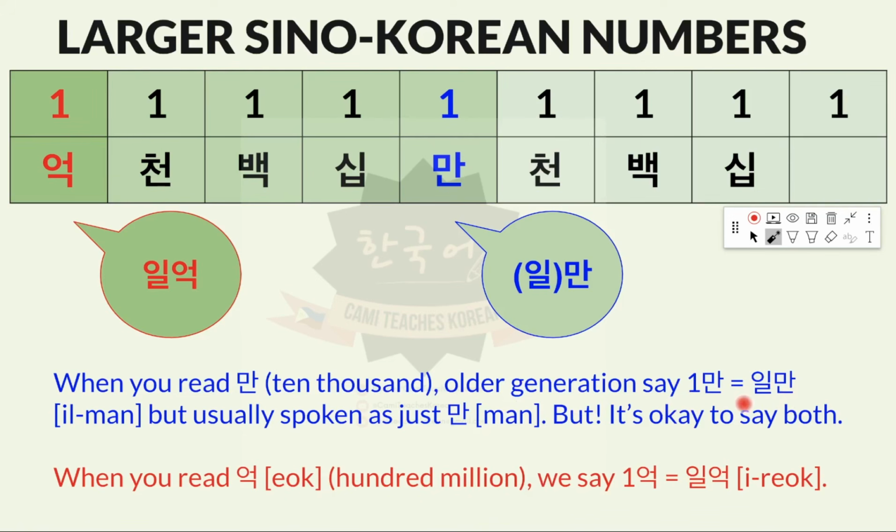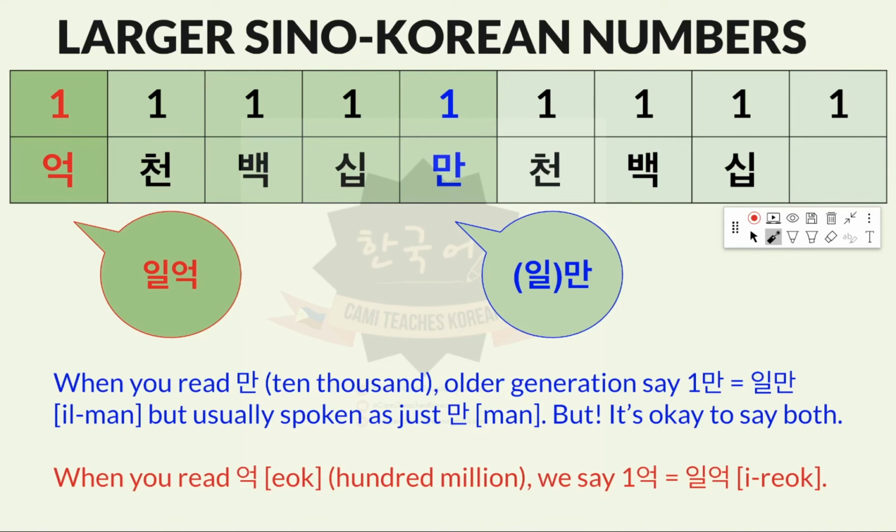Ayan, madalas, ang older generation po, they will read this as ilman. So, usually, ang older generation nga ilman, but in everyday Korean, yung mga younger generation na po, kasi already known na ang man already means 10,000. Pag sinabi nyo na po yung 10,000 na man, then you don't need to put il, usually.